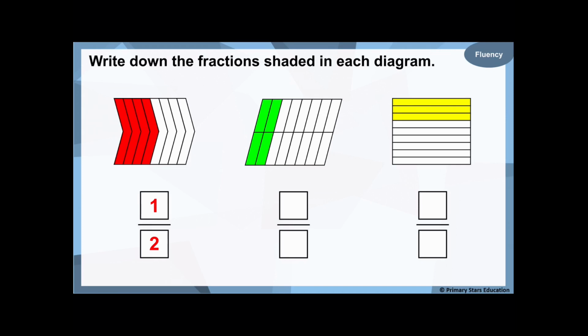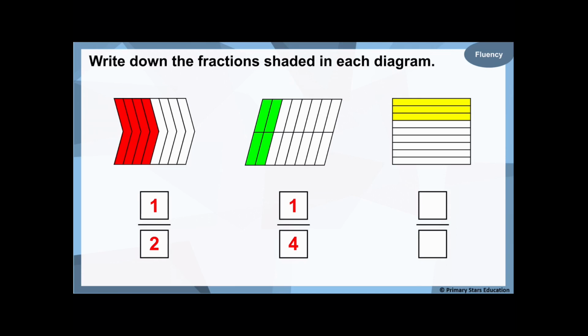Now look carefully at the green. There are 16 pieces in the green picture. 4 of them have been coloured. So 1/4 of the picture is green.